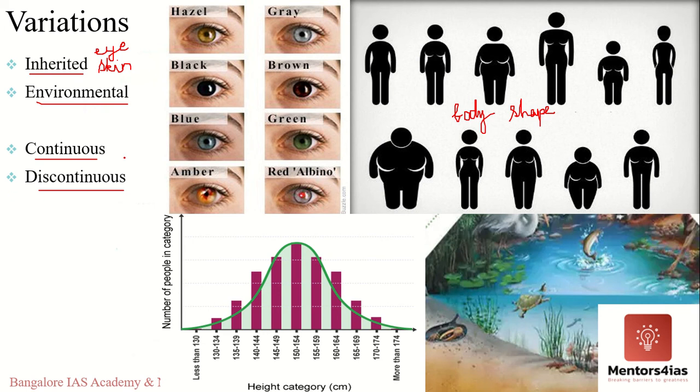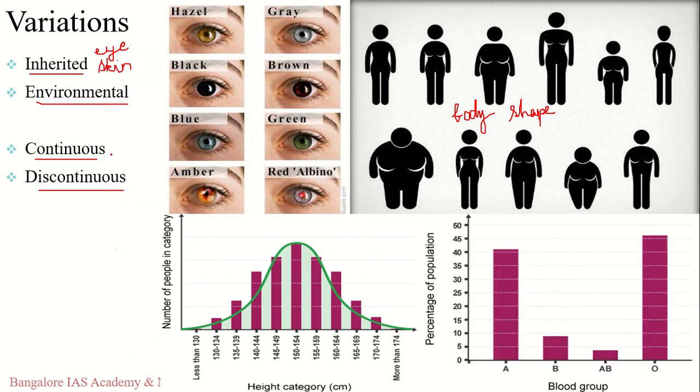At the same time, if you compare this to discontinuous variation, characteristics with only a limited number of possible values, they are known as discontinuous variations. I hope now you should be able to understand. Continuous means where the range of values is more, and whenever the range is limited in nature, it is known as discontinuous variations.